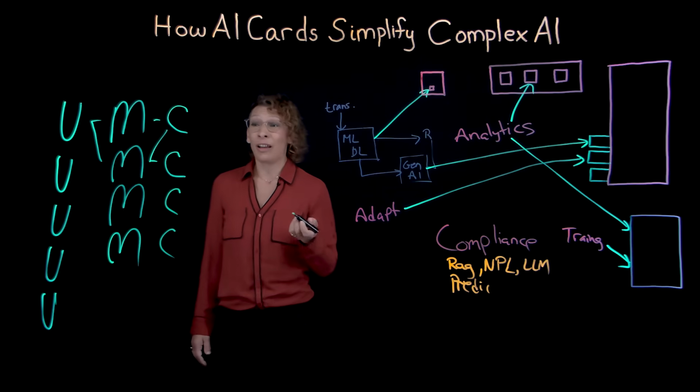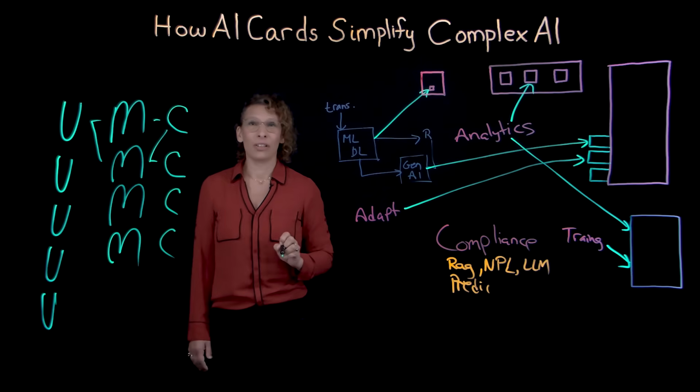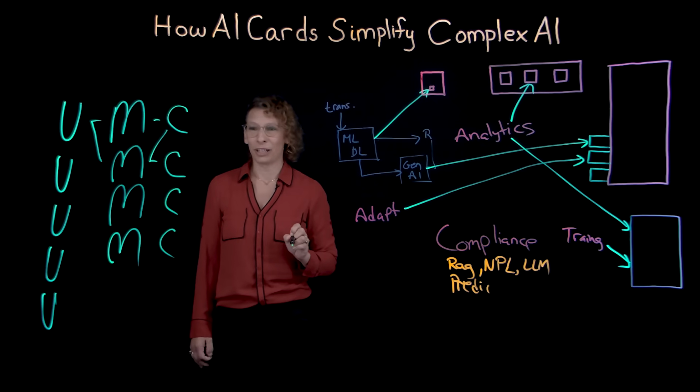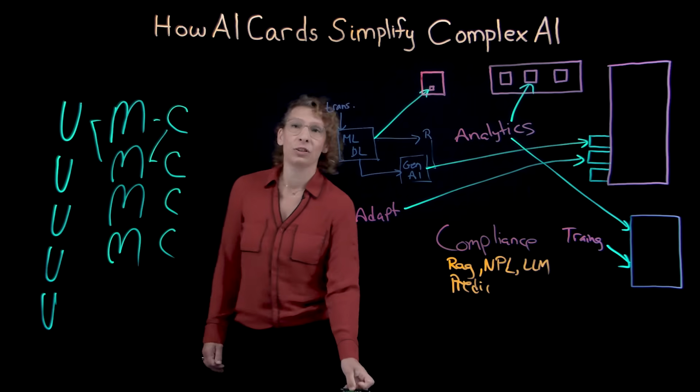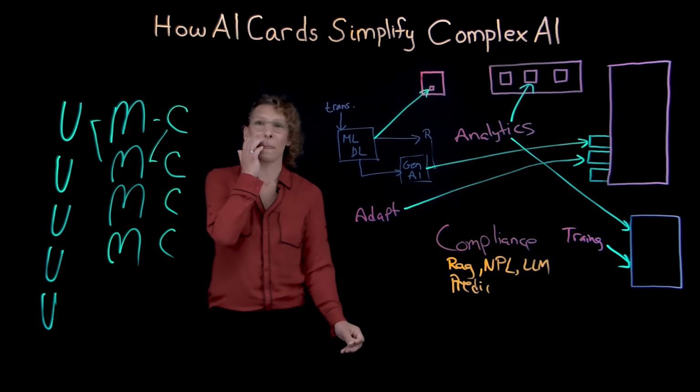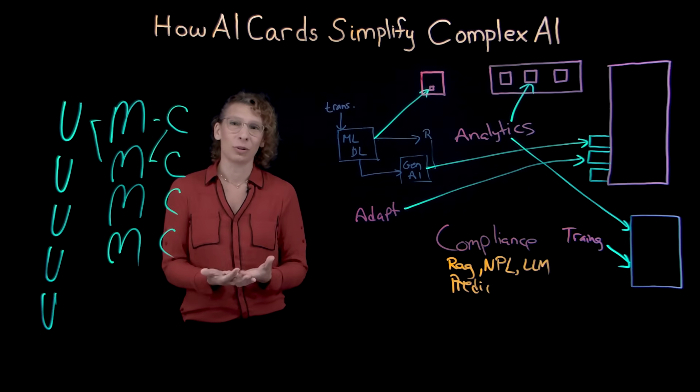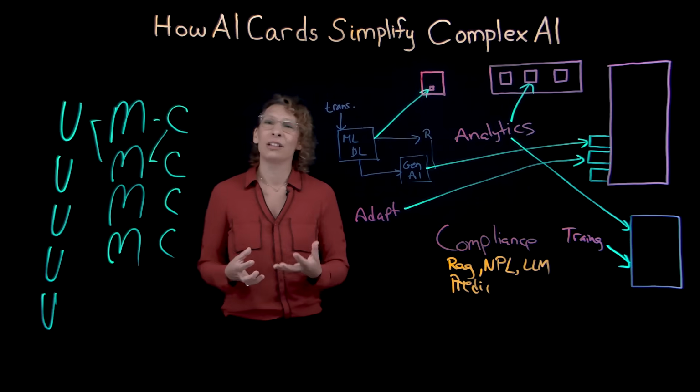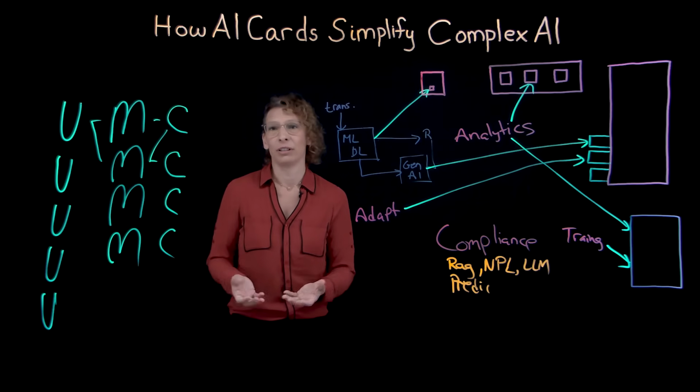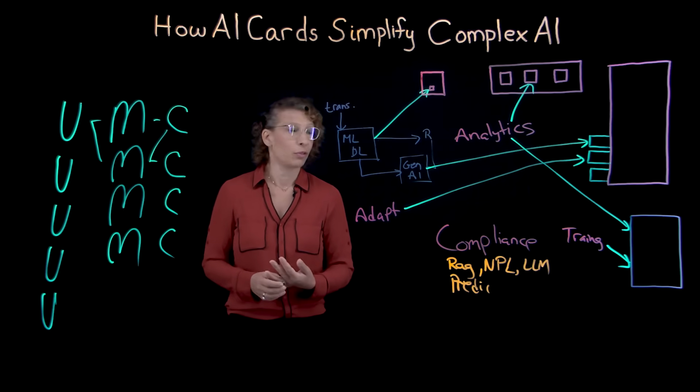So how can having AI cards actually help me here? And there's 2 ways that they can. The first one is, well, if compliance is so important, this might be a good use case for actually designing and building a custom ASIC, or having one built for you.